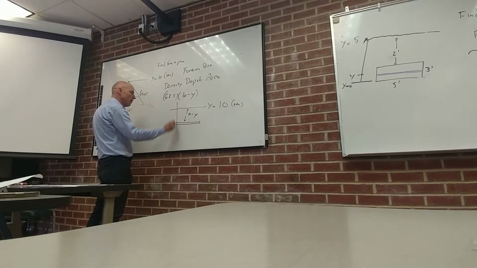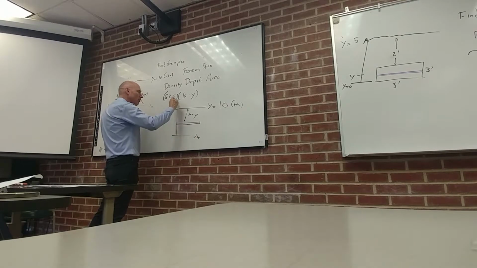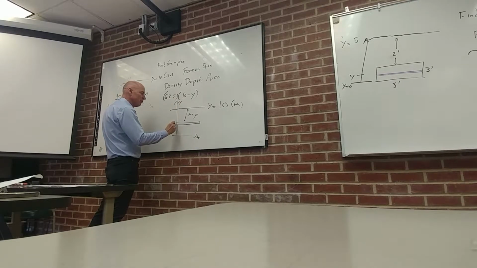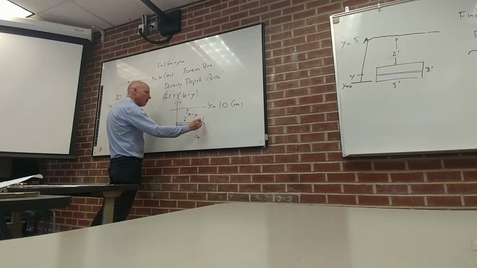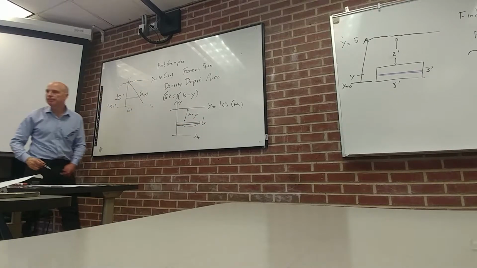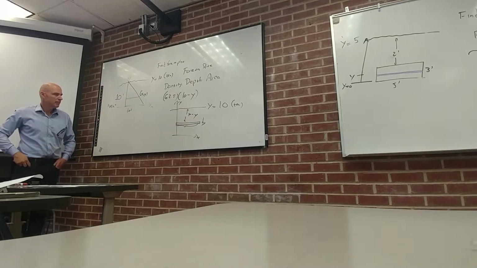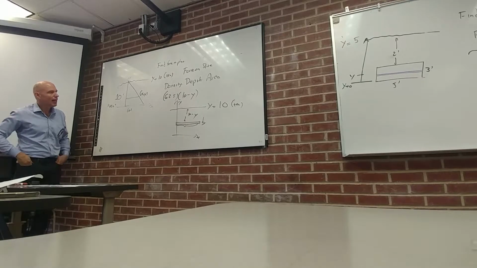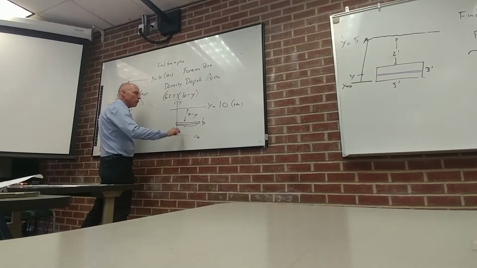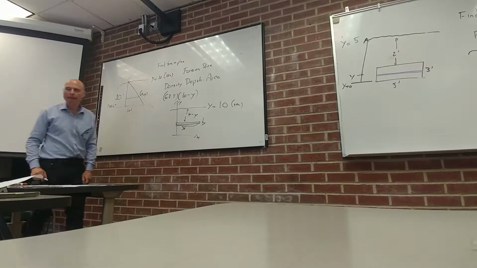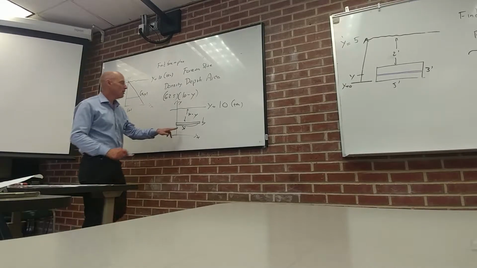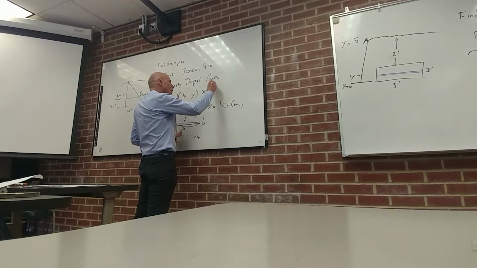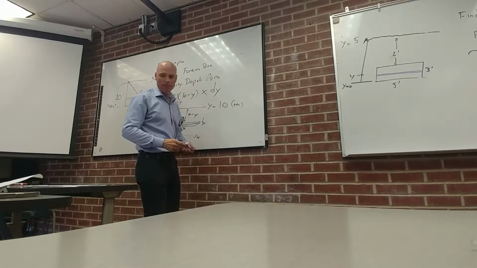There's x, there's y, dy. How far across? Do you see that that's a horizontal distance, which would be x? So that area is x times dy.